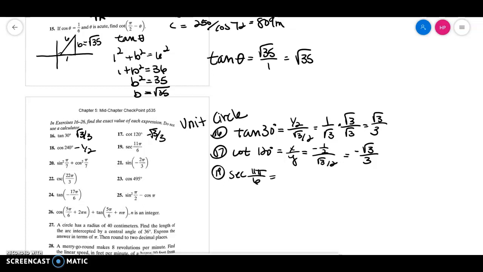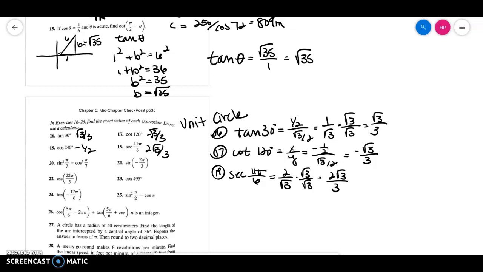So instead of the square root of 3 over 2, I would have 2 over the square root of 3. That's what happens when I take and reciprocate that. So again, rationalizing, I end up with 2 square root of 3 over 3 for that one.